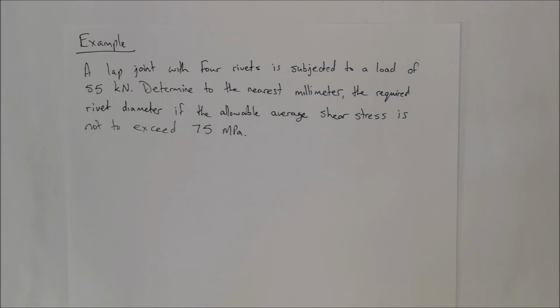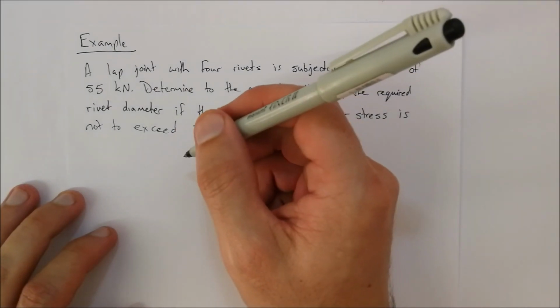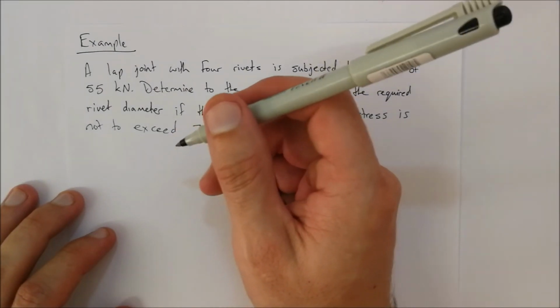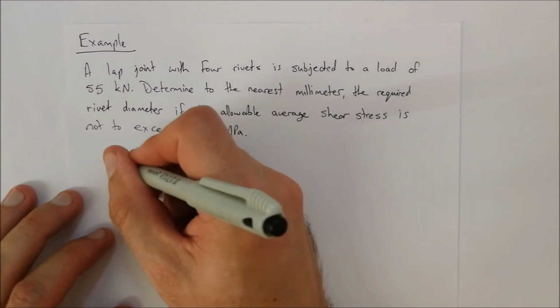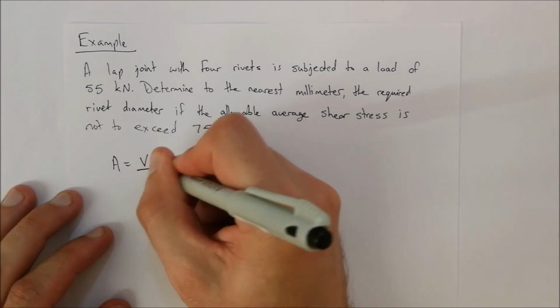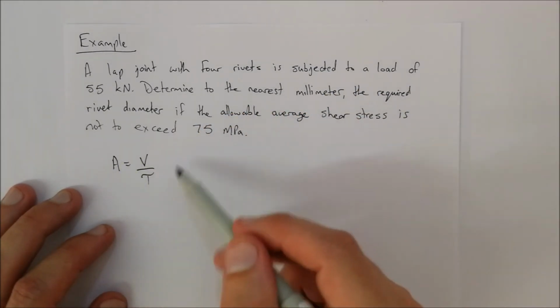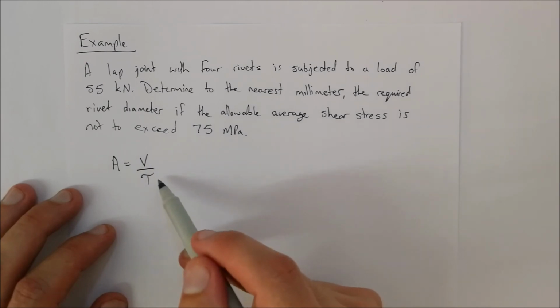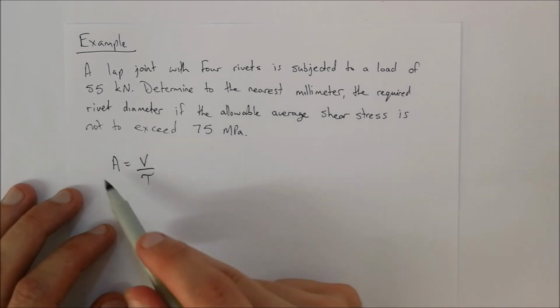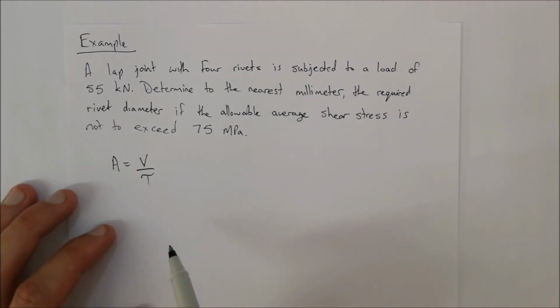Okay, so if you remember from the formulas that we looked at, stress is equal to force over area, but again we're looking at shear stresses and shear forces. So area is equal to V over tau. That is our formula rearranged. We looked at tau equal to V over A. We just rearranged it so the area is the subject of the formula.